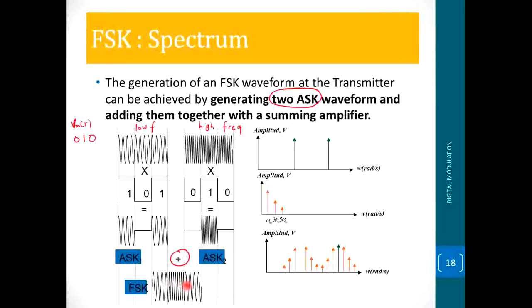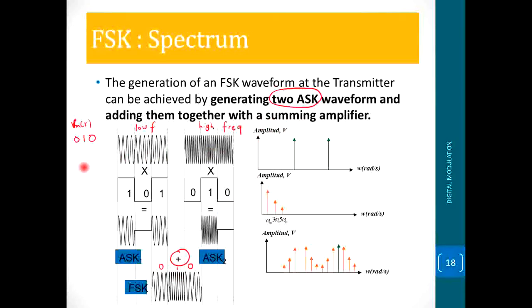So the output is FSK of 0 1 0, where the low frequency represents the 0 bit and the high frequency represents the 1 bit.